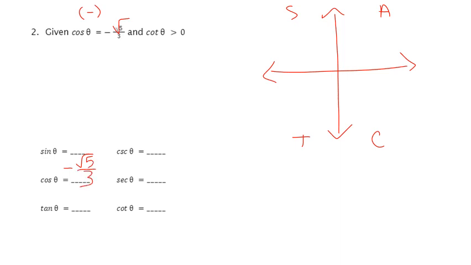I already know secant would be the reciprocal. And I might rationalize at the very end. So I also have cotangent is positive, which also means that tangent is positive. So I see they're different signs, so it can't be quadrant 1. So it's actually going to be quadrant 3.